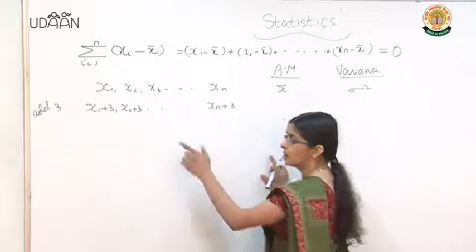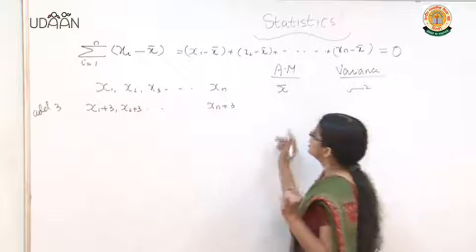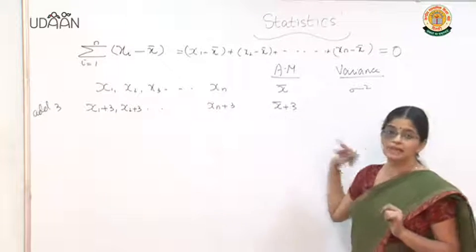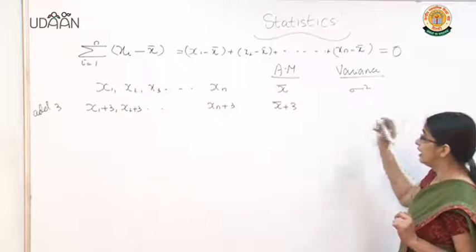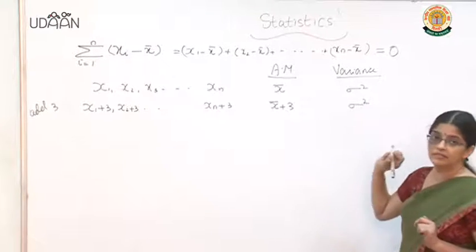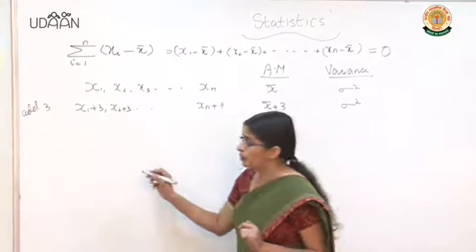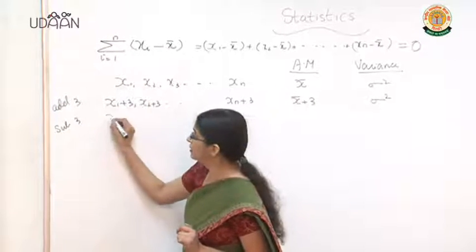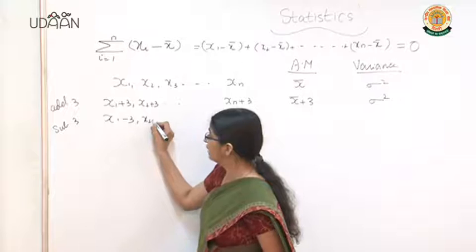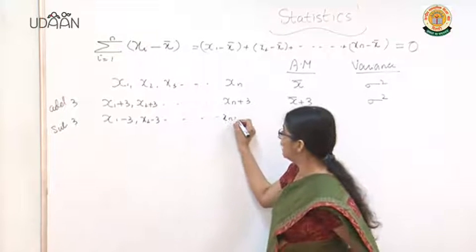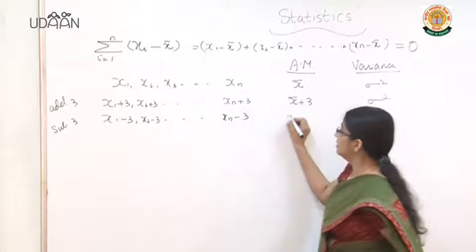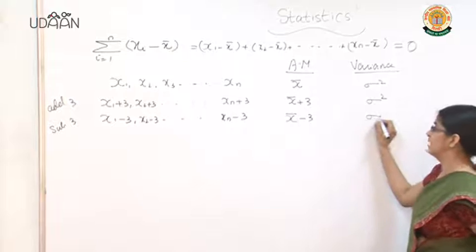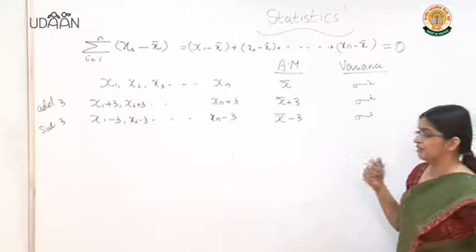When you add a constant to all these terms, what happens to the arithmetic mean? It also will be increased by the same constant, and the variance remains the same. Now subtract 3 throughout: x1 minus 3, x2 minus 3, etc., xn minus 3. The arithmetic mean again will have 3 subtracted from x bar, and there is no change in variance; variance will be sigma square.